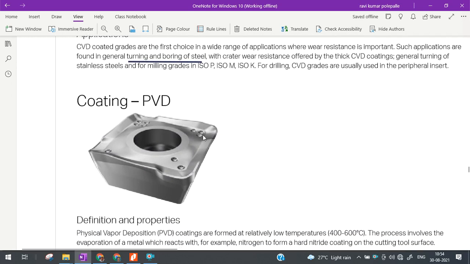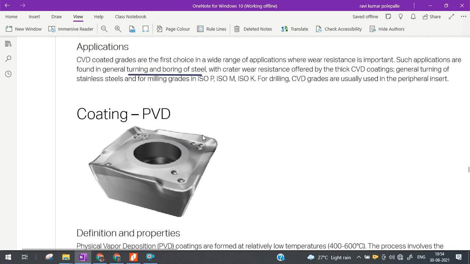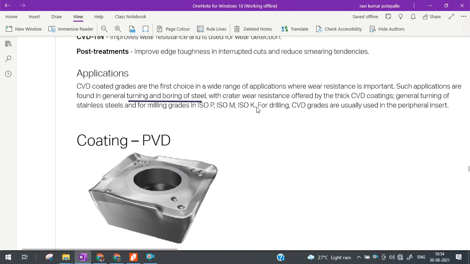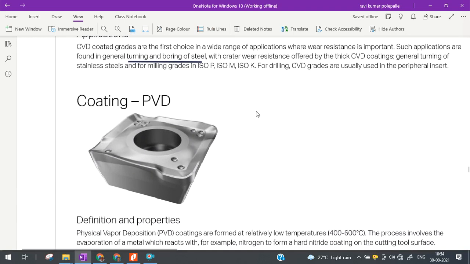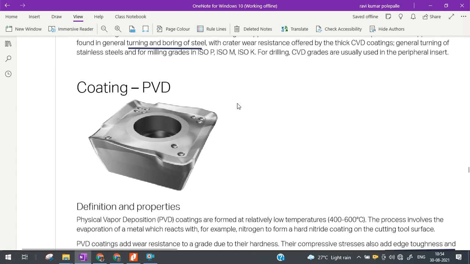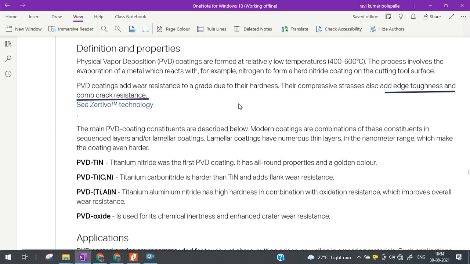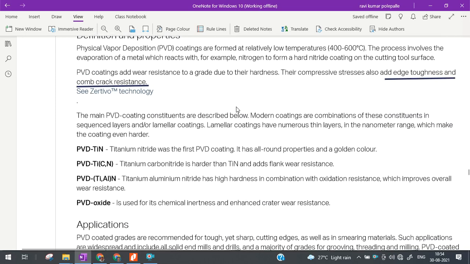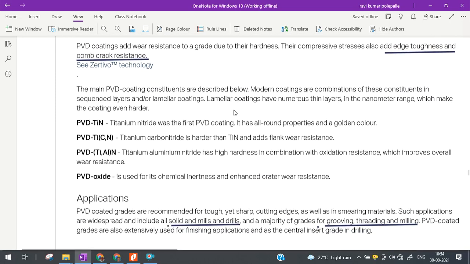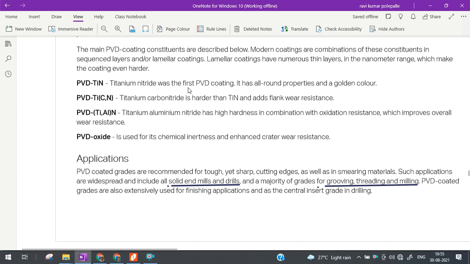So this type of coated tools is generally used in turning and boring of steel, general turning of stainless steels, and milling grades of the different types of steels. When we talk of the PVD process, physical vapor deposition, titanium nitride is the first coating that was found to be useful.